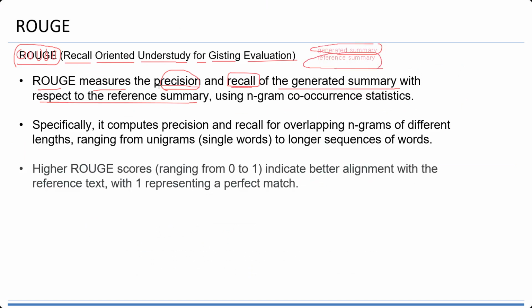So we will measure the precision and recall between the generated and the reference using n-grams, and we just measure with co-occurrence statistics.